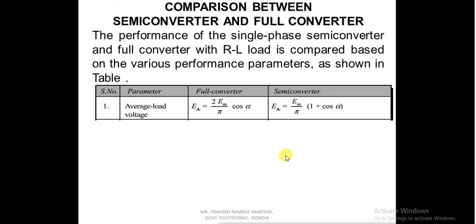First parameter is average load voltage. For the full converter, the average load voltage is given by EDC equals twice EM by pi cos alpha, and in the semi-converters, EDC is given by EM by pi (1 plus cos alpha). So it is twice in full converters as compared to semi converters.